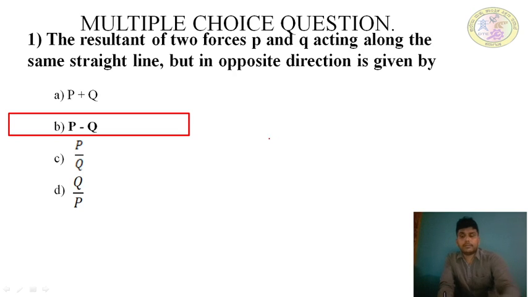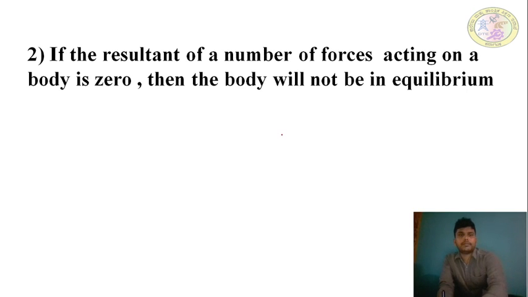Next, if the resultant of a number of forces acting on a body is 0, that is, the sum of all horizontal and vertical forces is 0, then the body will not be in equilibrium. This is false.